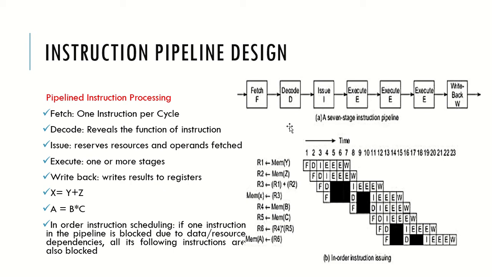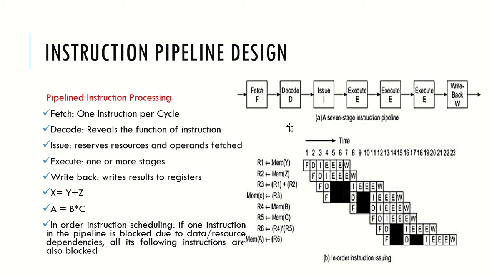When you talk about an instruction pipeline, there is something we have to understand, called in order instruction scheduling. As the name says, if a program or process under execution has 10 instructions and all those 10 instructions are fed into the instruction pipeline in the same order as they appeared in the original program, then such scheduling is called in order scheduling.